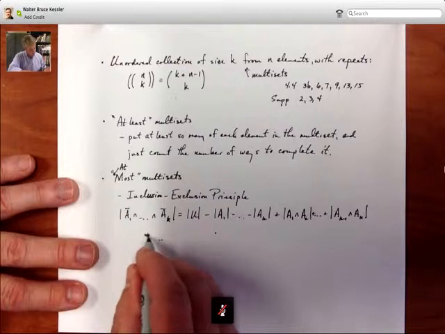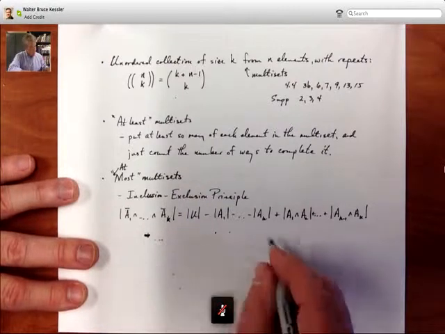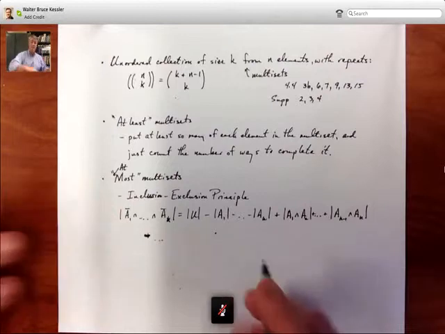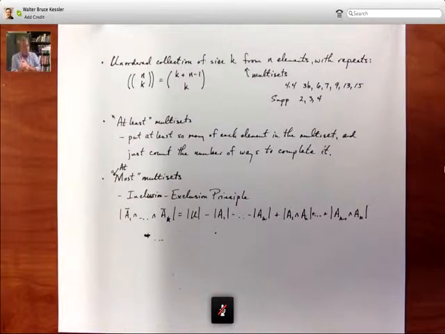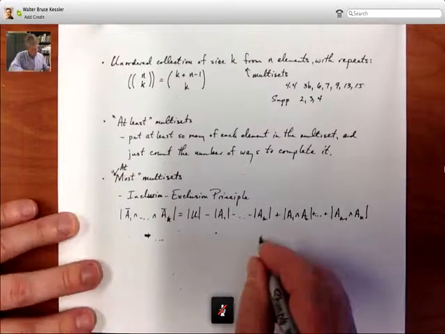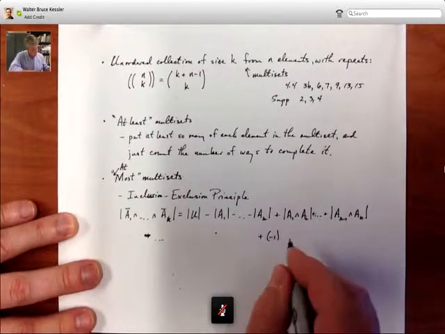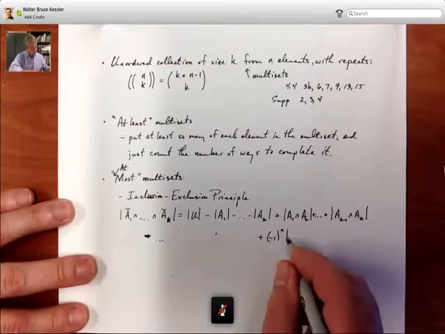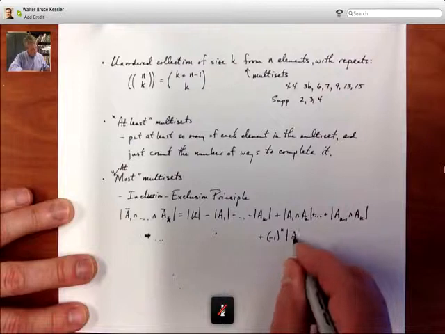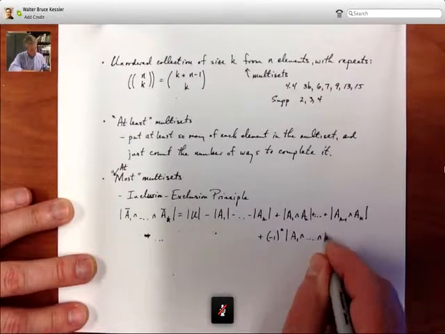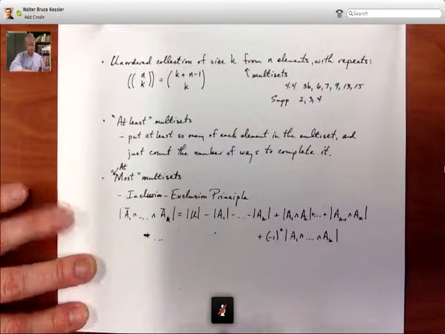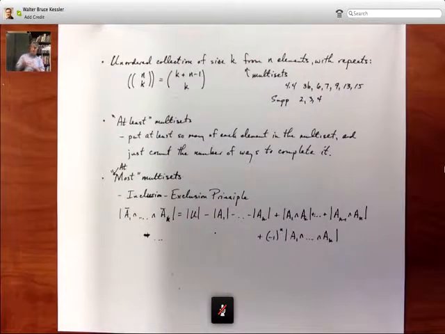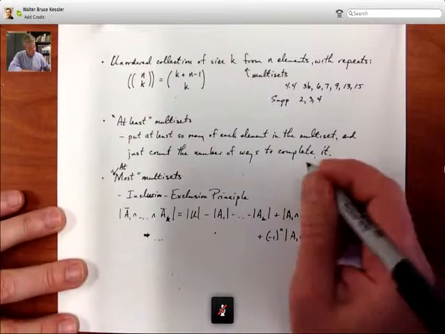So the next one actually would be minus, and you keep doing this until you've got all the intersections. Okay, just keep alternating that sign as you go from the intersection of size 1, intersection of size 2, and on. Okay, and we did that actually.